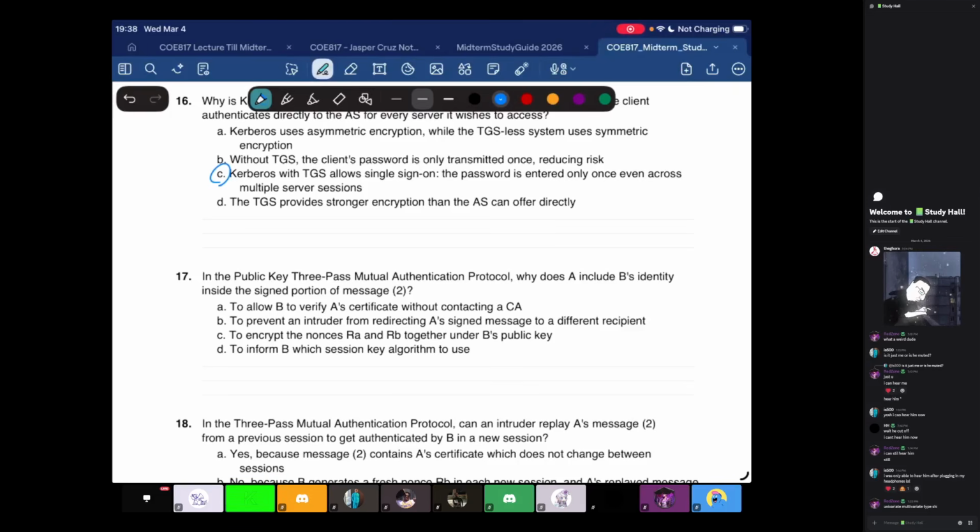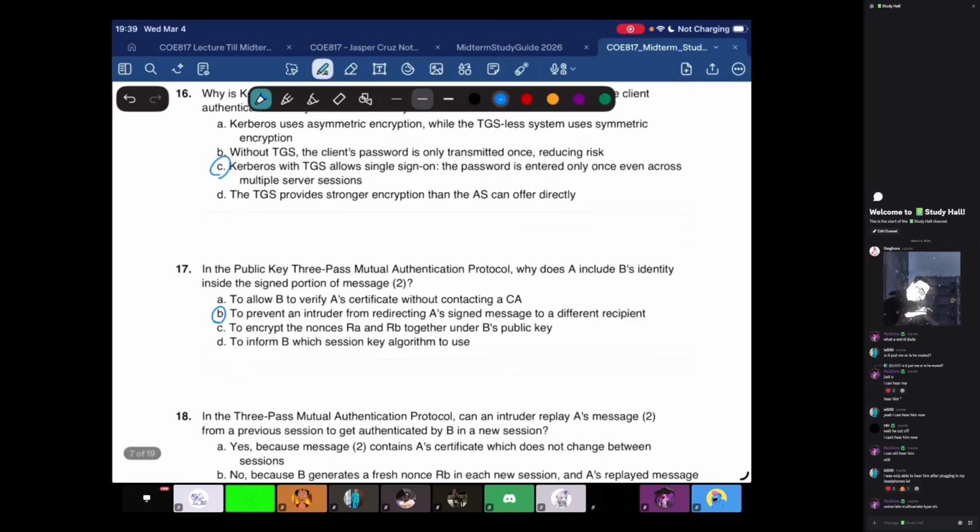It also prevents an intruder or a man in the middle from redirecting A's message to a different recipient. So it's just to make sure I'm communicating with who I had intended to send my first message.